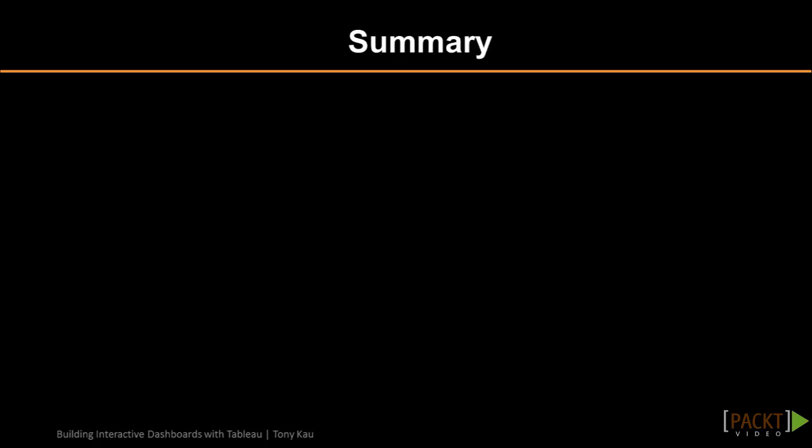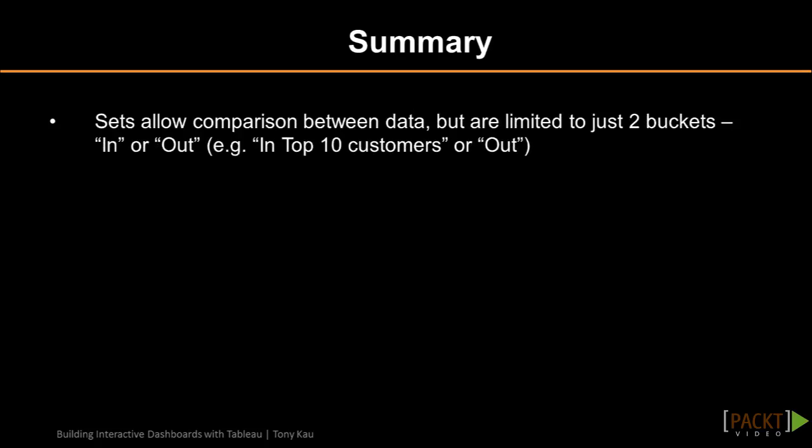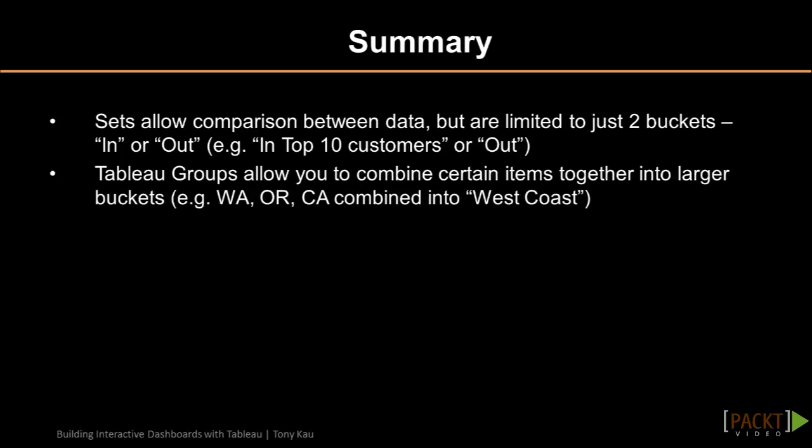So we've covered two types of bucketing, sets and groups, which empower you to perform comparative analysis and show the difference between two or more buckets. Sets are limited to two members, either a data point is in the set or it's not. Groups allow you to quickly combine items that you'd like to treat as a single item, like referring to Washington, Oregon, and California as the West Coast.